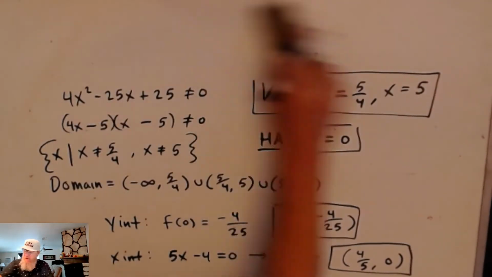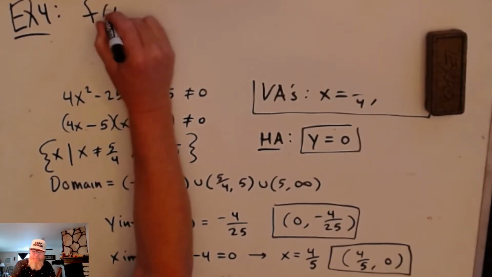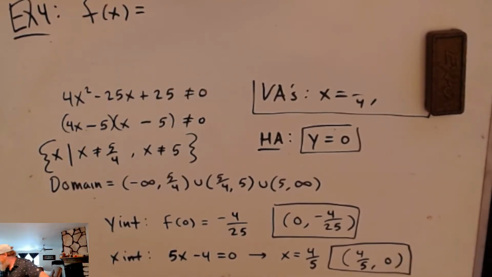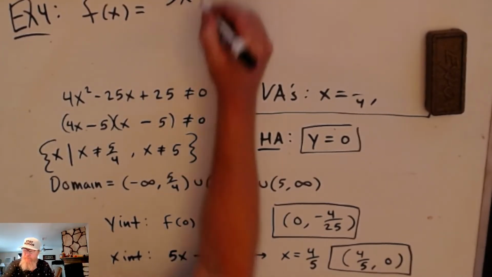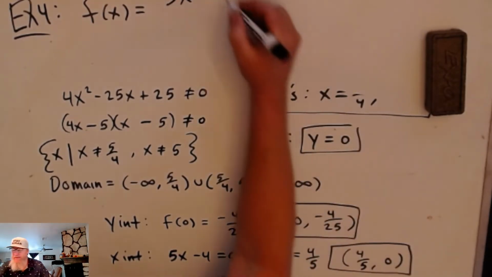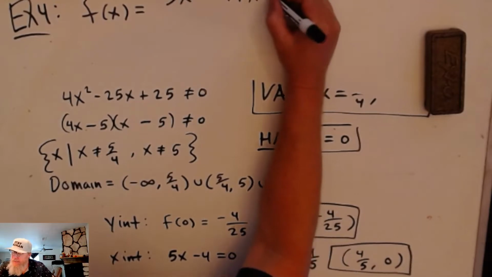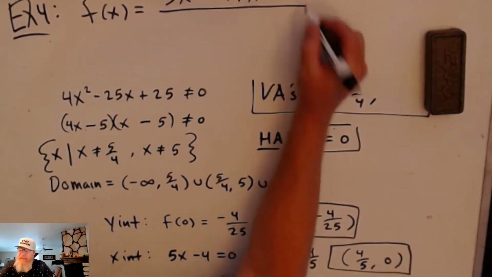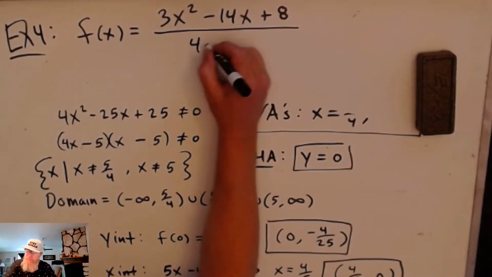Example 4. Seem to be getting this 3x squared a lot. Not a lot of variety in these problems. I've tried to make variety, and it just makes the problems a nightmare. So I just like keep them nice and simple.